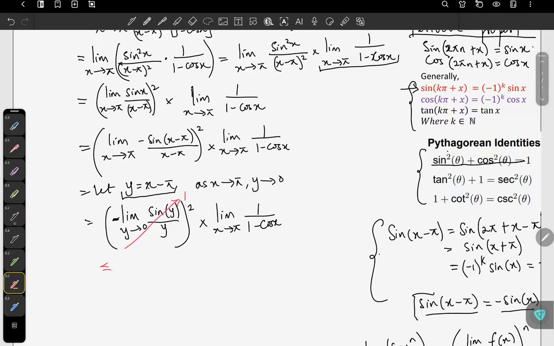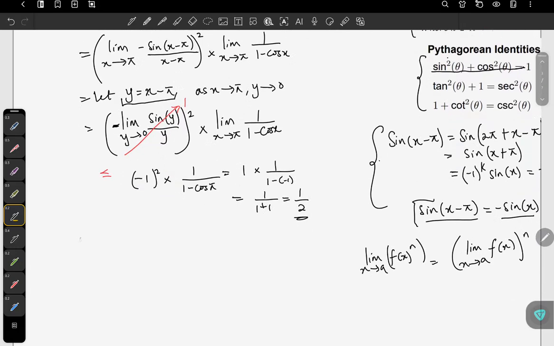So we're left with negative 1 squared times 1 over 1 minus cos pi. And we know that cos pi is negative 1. So this is 1 times 1 over 1 minus negative 1. That is 1 over 1 plus 1, which is equal to 1 over 2.